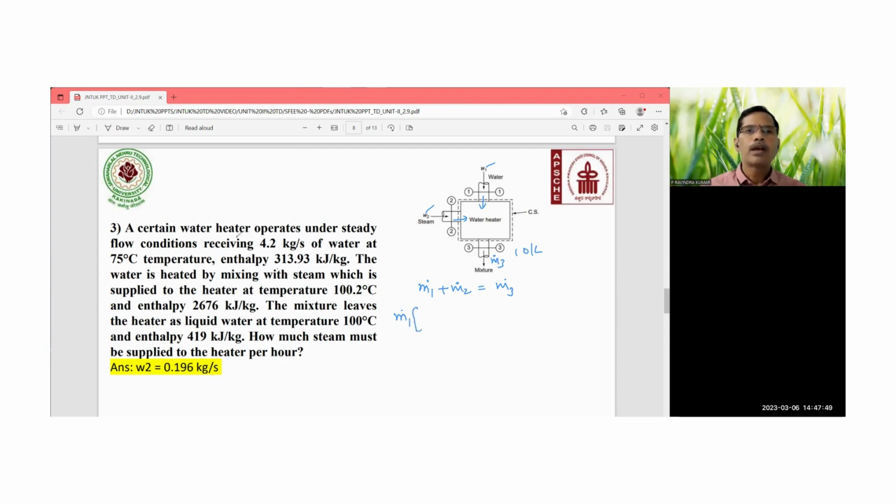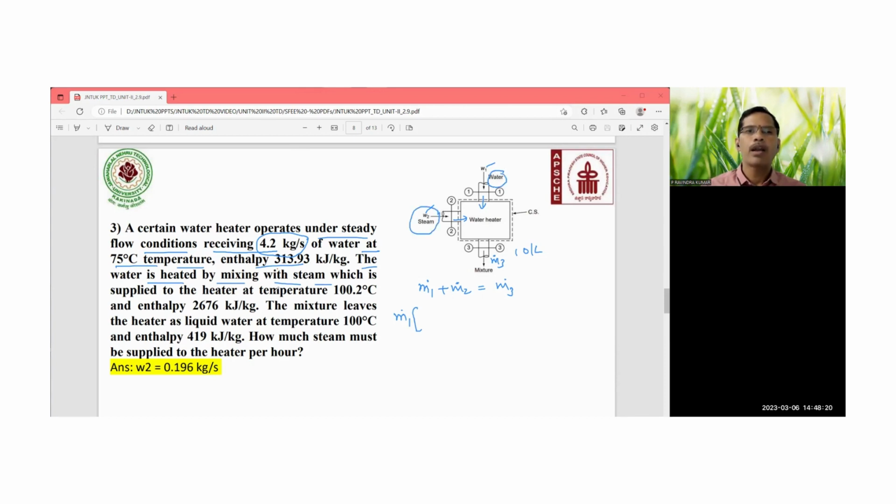A certain water heater operates under steady flow conditions, receiving 4.2 kg per second of water at 75 degrees centigrade. Enthalpy is also given. The water is heated by mixing with steam. So here this is the water, and this is the steam.